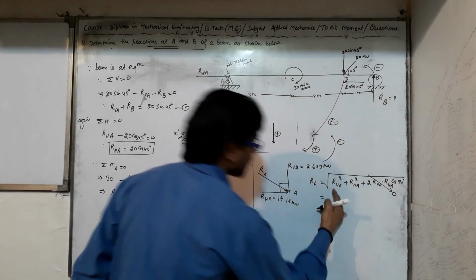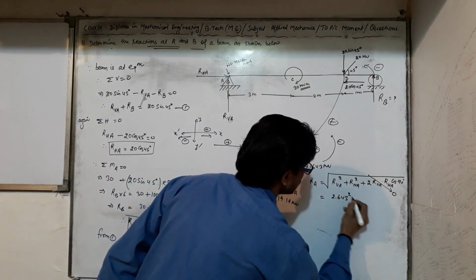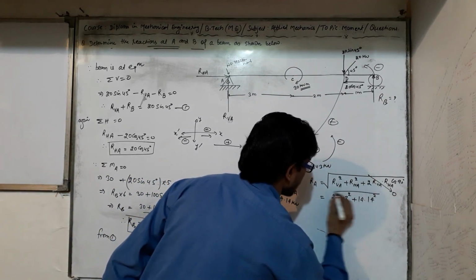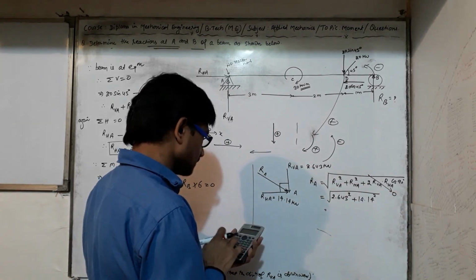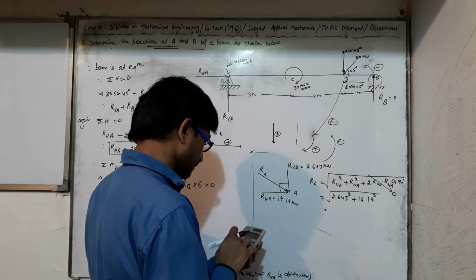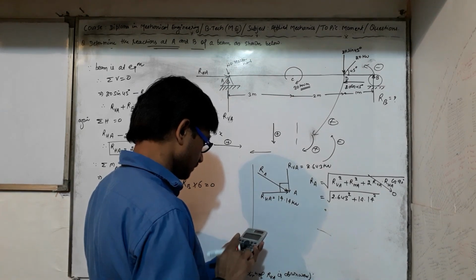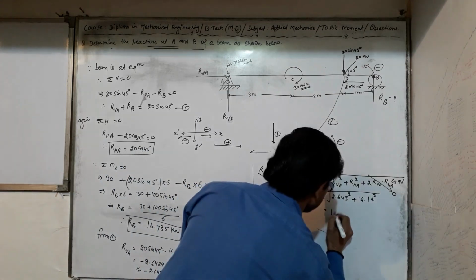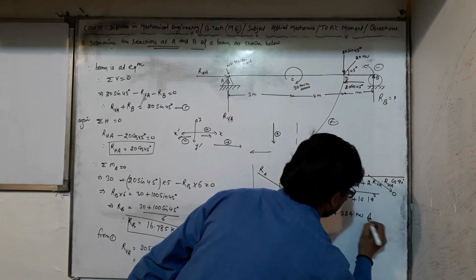So we can say 2.643 square plus 14.14 square, and its square root, that is 14.384 kilonewton.